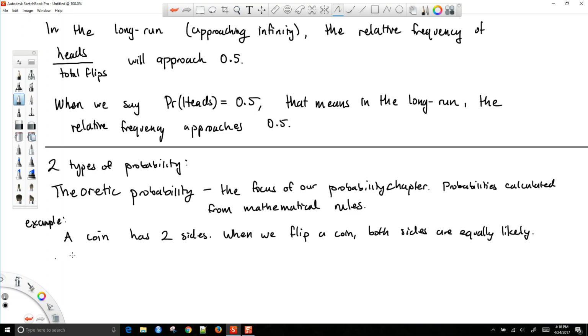Therefore, the coin will land heads with probability equal to 1/2 or 0.5.